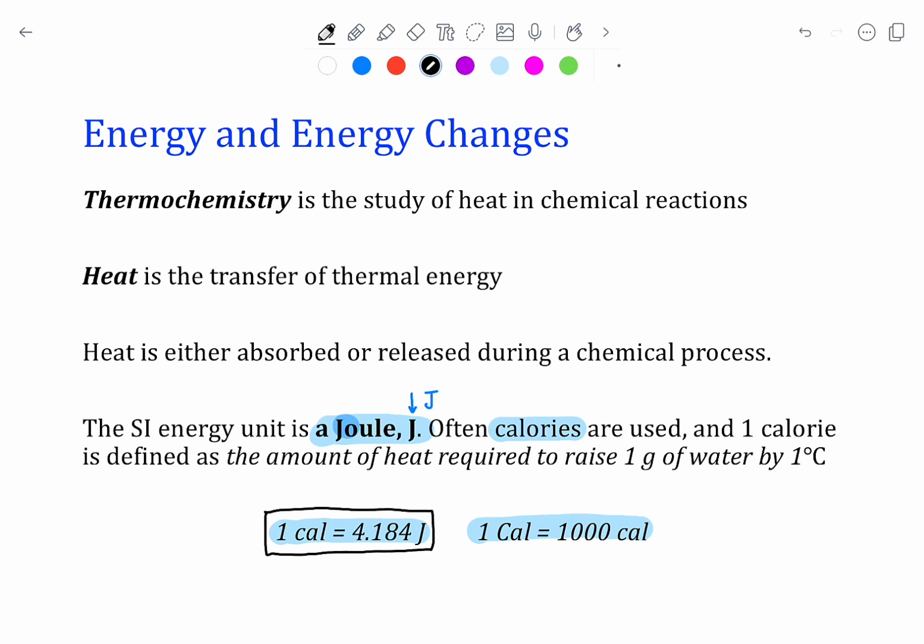The big difference here is in the uppercase or lowercase c as we define calories. So lowercase c is the calories that relate directly to joules. That's what we use down here with our conversion to joules. An uppercase C is for calories that we use for food. And this is because a capital C Calorie is equal to a kilocalorie.